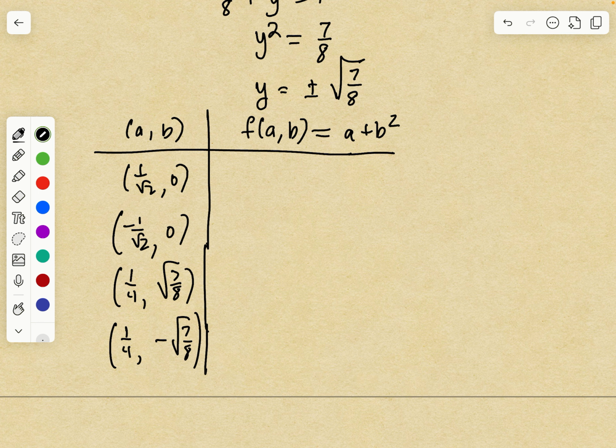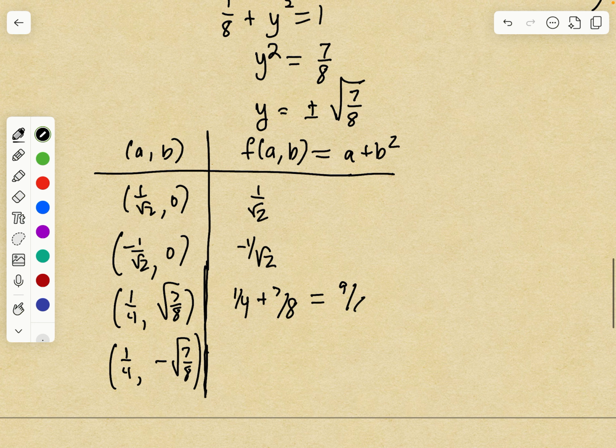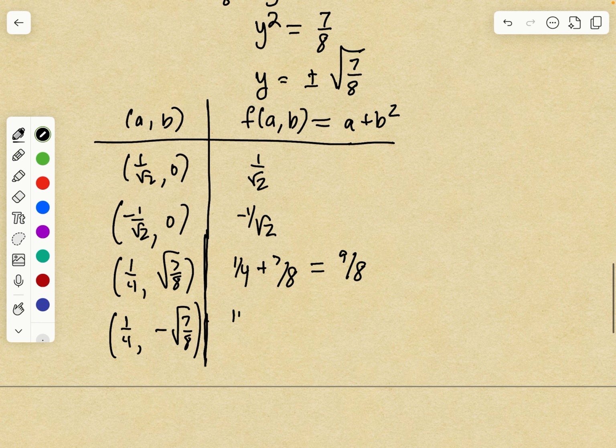We plug them all into the function, and what do we get? For the first one, you get 1 over root 2 plus 0 squared, which is 1 over root 2. For the second one, you get negative 1 over root 2. For the third one, you get 1/4 plus 7/8, which is 9/8. And then for the last one, you get 1/4 plus 7/8 also, because the negative, when you square it, cancels.